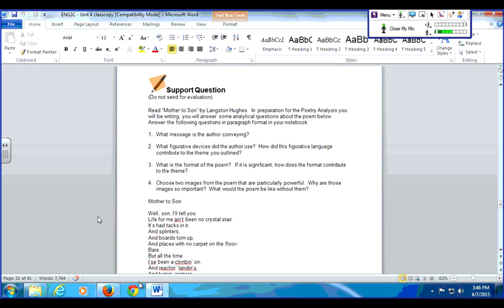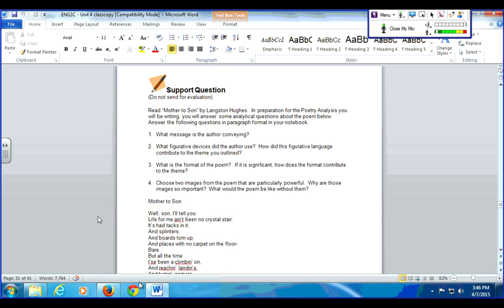Now, preparing for the poetry analysis you'll be writing as the key question, you will answer some analytical questions about the poem below. There could be some suggested answers at the back of your unit. So, first thing, what message is the author trying to convey? What are some figurative devices that the author uses?